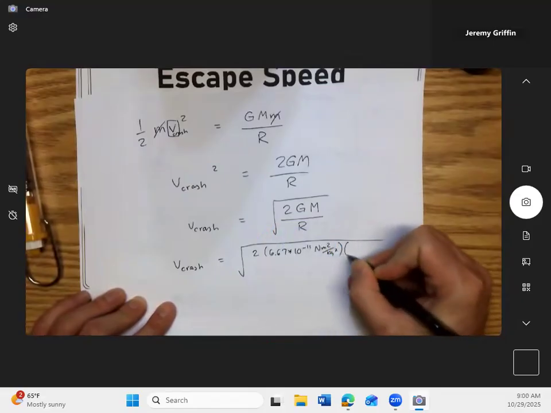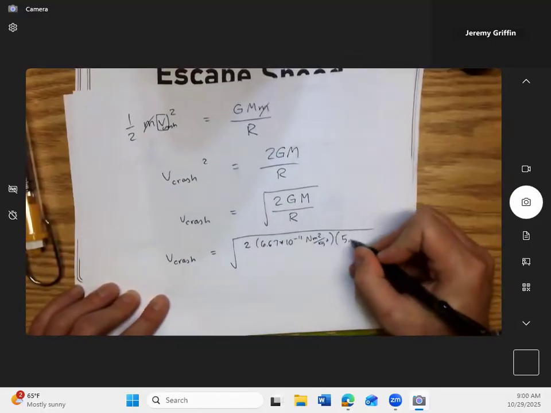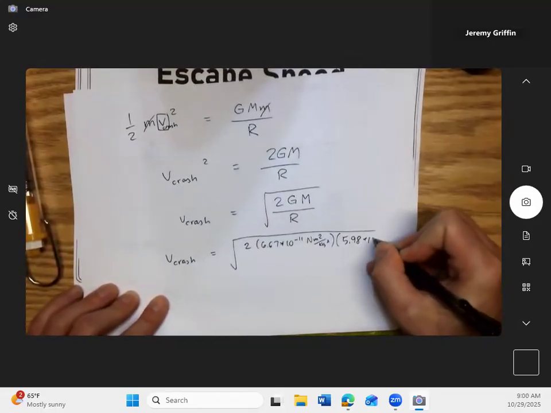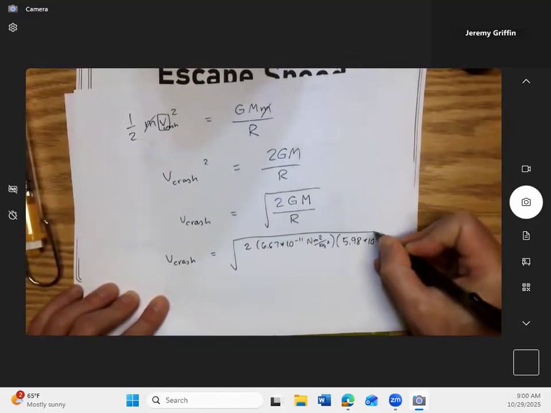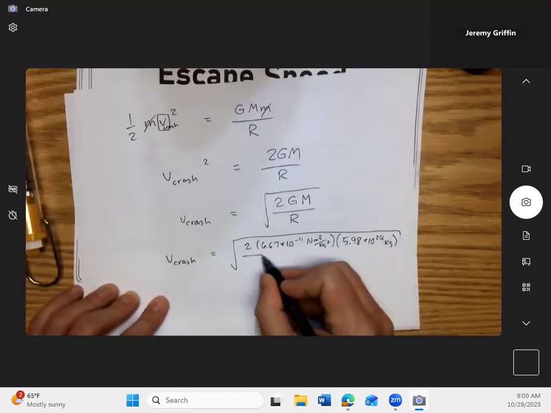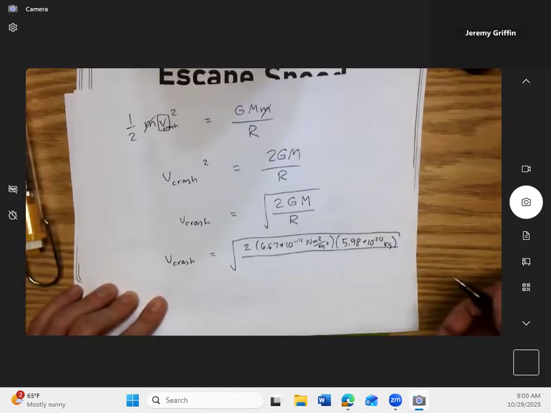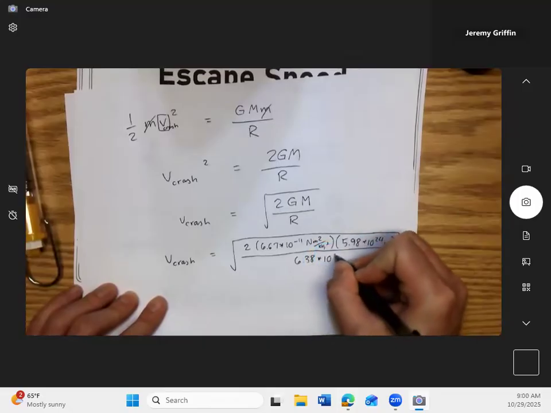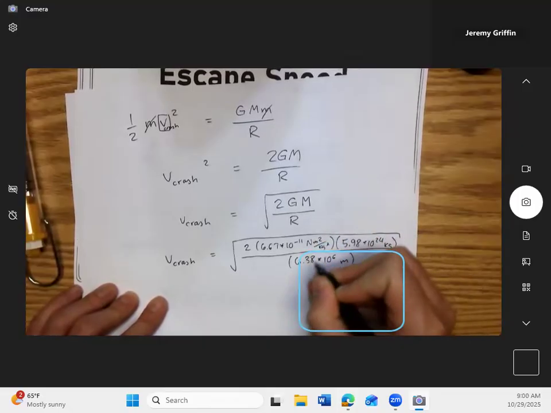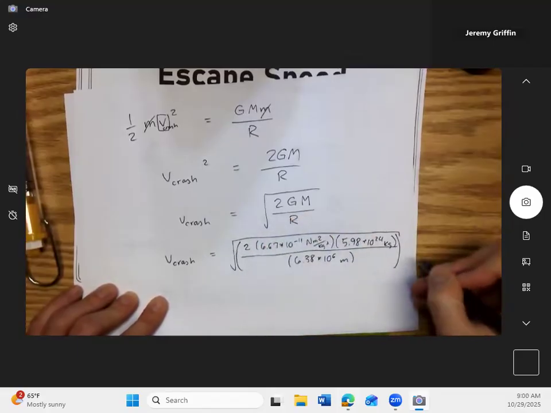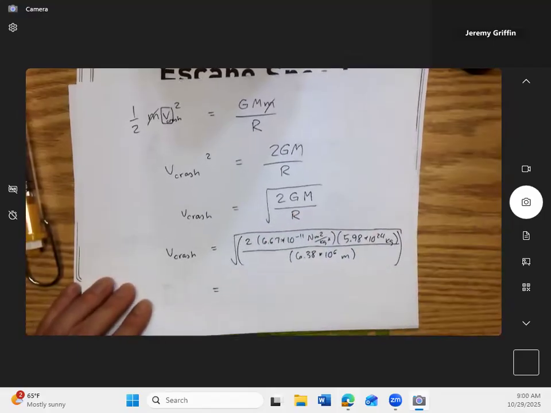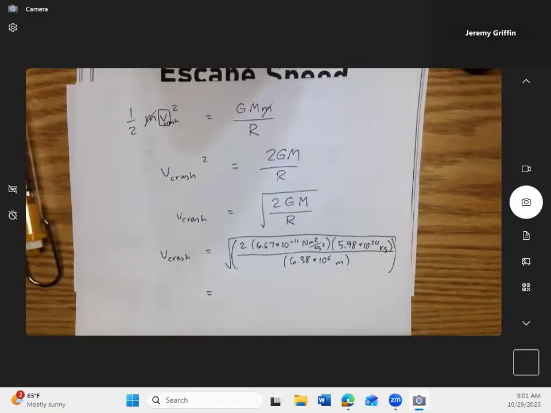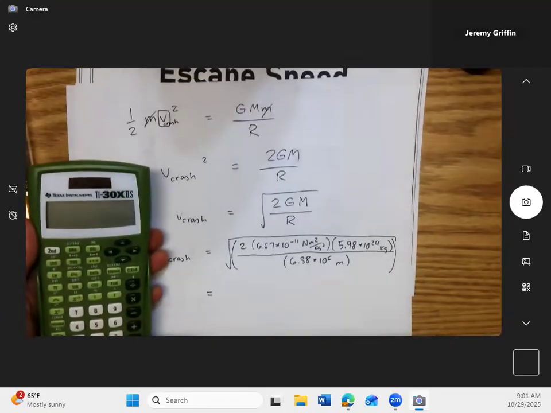I got a mass of the Earth, I'll call it 5.98 times 10 to the 24 kilograms. You guys have your calculators ready? And then the radius there, 6.38 times 10 to the 6 meters. Make sure this is all grouped up. See if you can correctly plug that into your calculator. I'll do it on video in front of you right now.